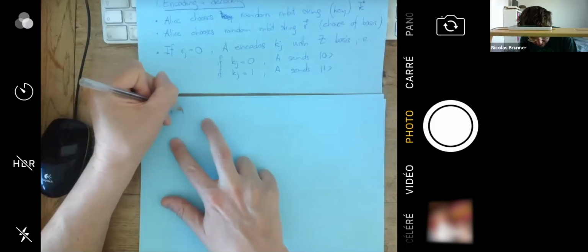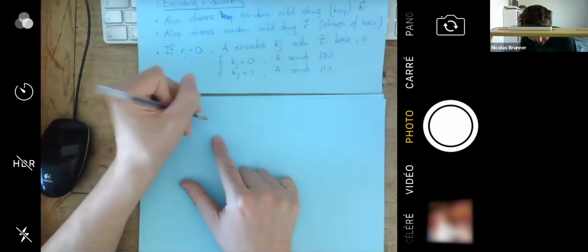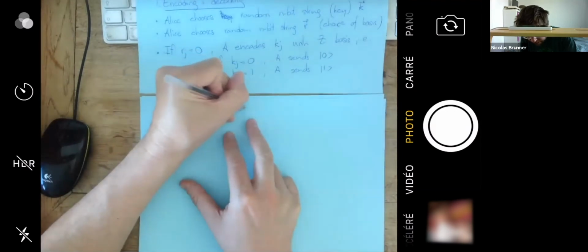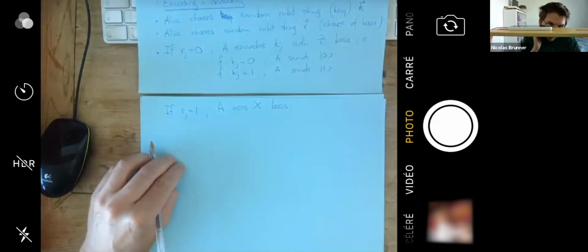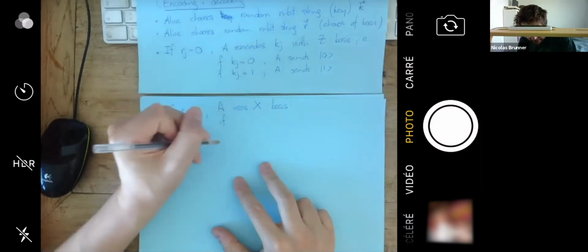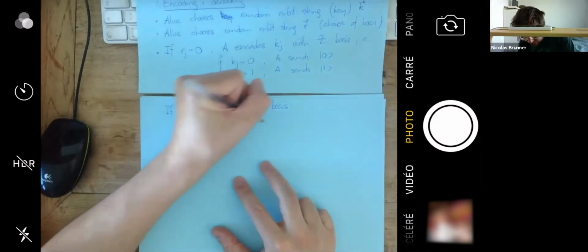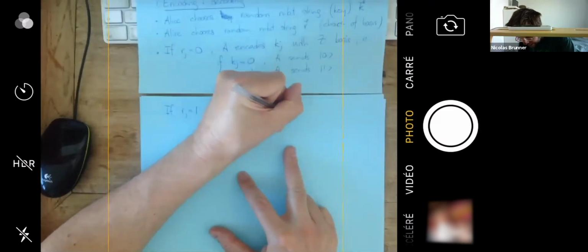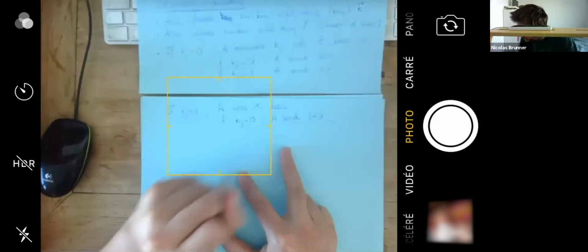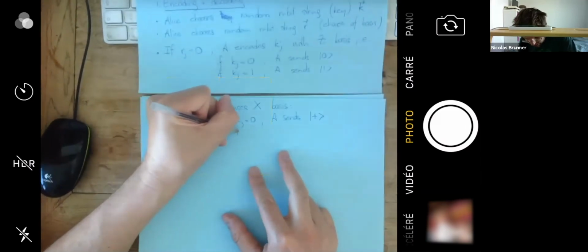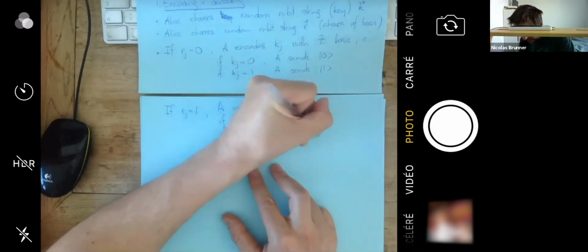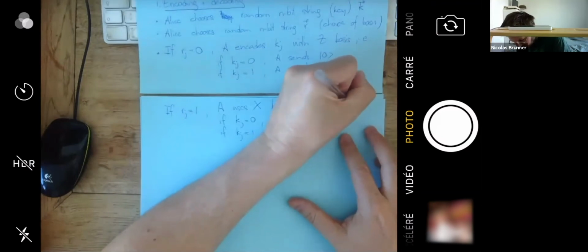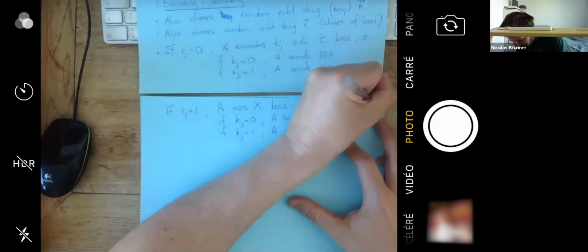If Rj is equal to 1, then A uses the X basis. The idea of the encoding is very similar. If kj is equal to 0, then A sends the state plus, and if kj is equal to 1, then A sends the state minus. And remember that plus and minus are just the superpositions of 0 and 1.